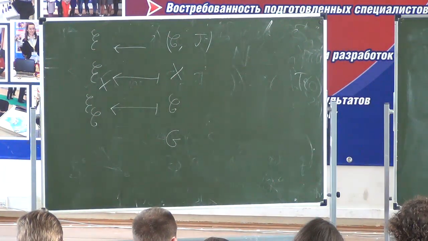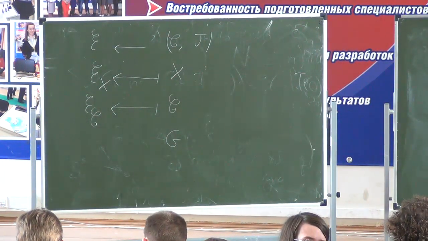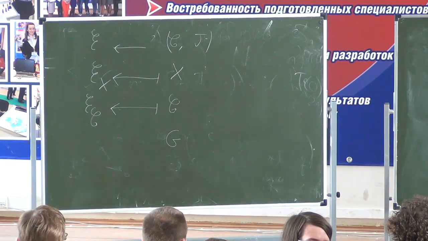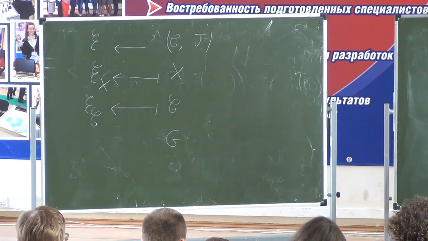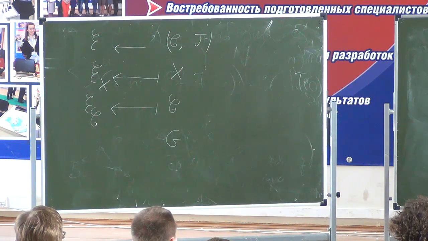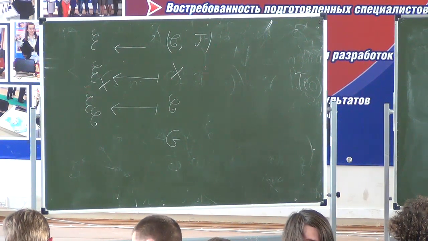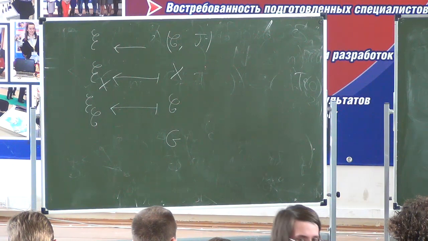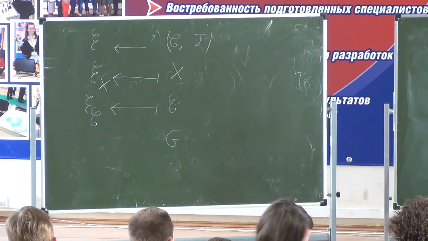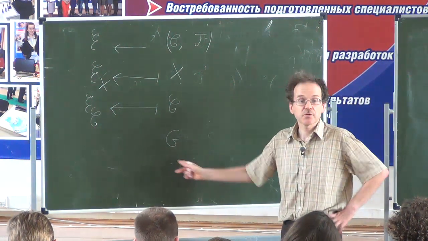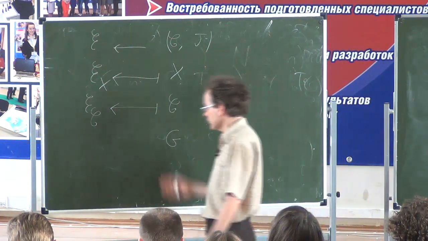If you consider a discrete, set theoretic group, you can consider it as a category. The category consisting in one object with automorphism group G. Okay, so you consider this as a category.